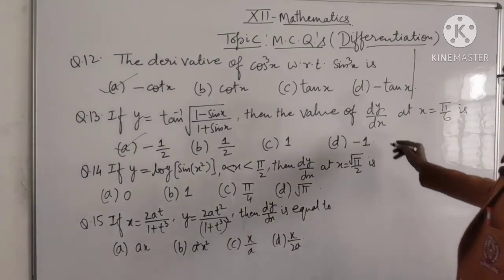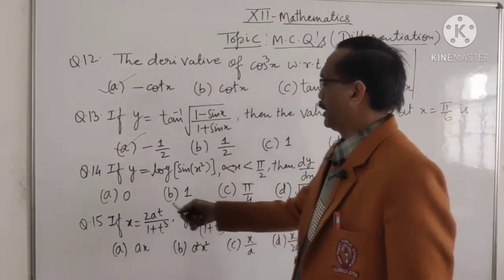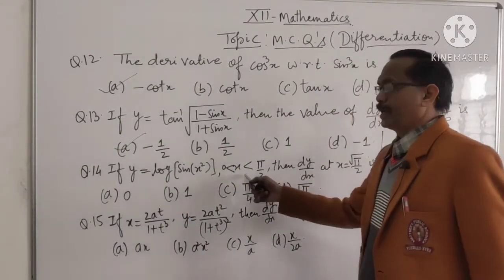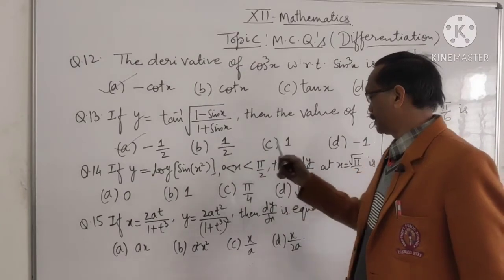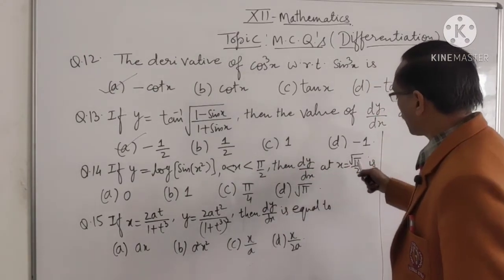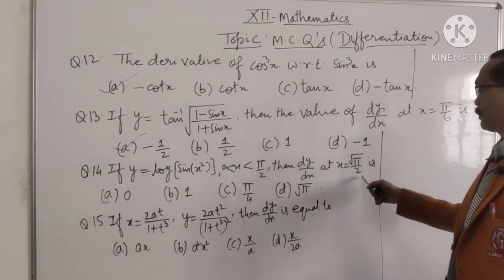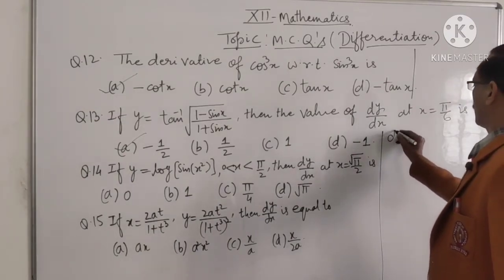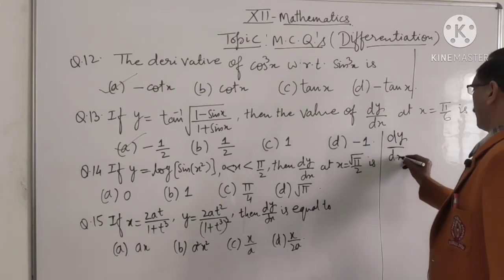Now next is question 14. If y equals log sin x square, where x is greater than 0 and less than pi by 2, then what is dy over dx at x equal to root pi upon 2? So to differentiate this, we will apply the chain rule.